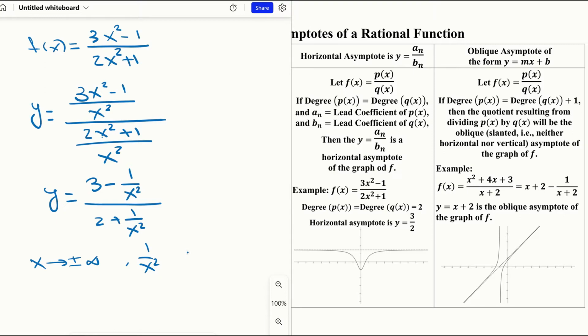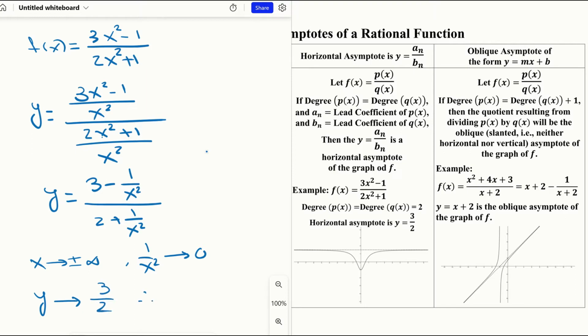So this is going to approach 0, right? So what happens to y? Well, as x approaches positive or negative infinity, this part and this part are going to approach 0. So we're going to end up with just what? 3 over 2.